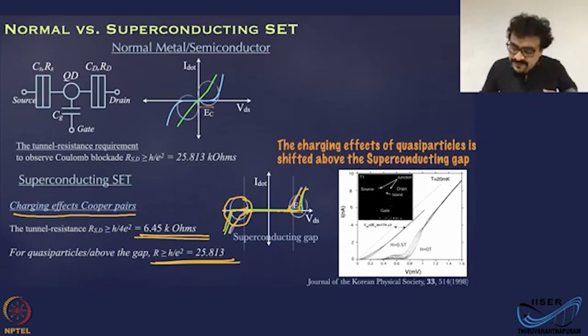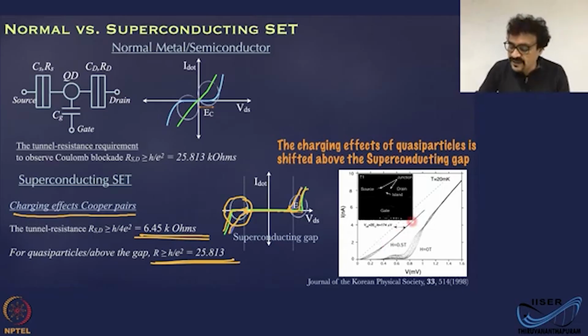For example, in this case, what you have is a tunnel junction system which is taken from the superconducting state to the normal state by the application of a magnetic field.